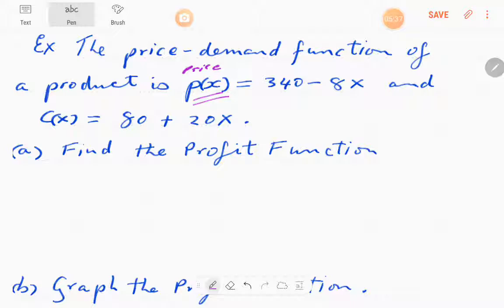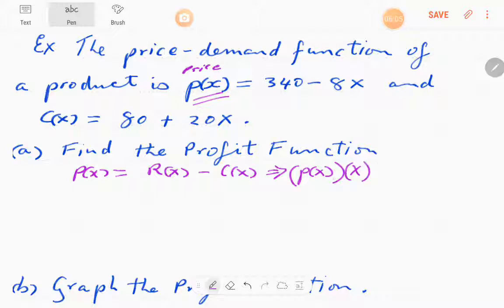So find the profit function. So profit function is made up of the revenue function minus the cost function. So we know that the revenue is made up of the price, but in this case, our price is the function p(x) times the number of units x.